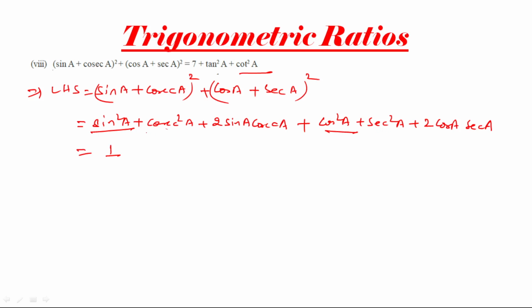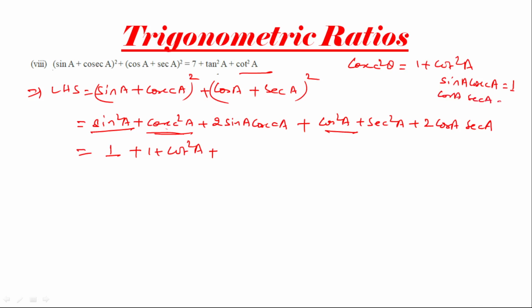Okay, so cosecant square A, just now in the previous question we saw that it is 1 plus cot square A. So cosecant square A we will write as 1 plus cot square A, plus 2 sin A cosecant A. So sin A cosecant A is equal to 1. Similarly cos A and secant A is equal to 1.